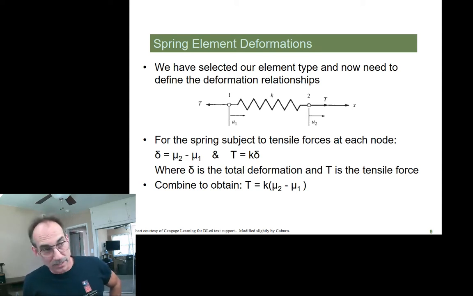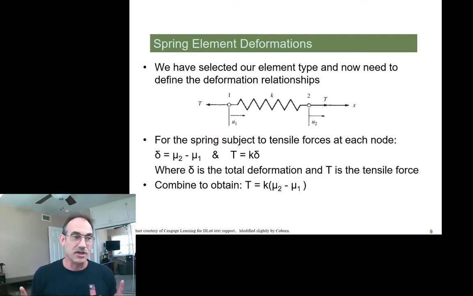The tension force will be just the spring constant times that displacement. If U2 is larger than U1, we're going to get a positive displacement, which will cause a tension. If U2 is smaller than U1, that will give us a negative displacement, which will give us compression in the spring. Okay, so delta is just the total deformation of that element.